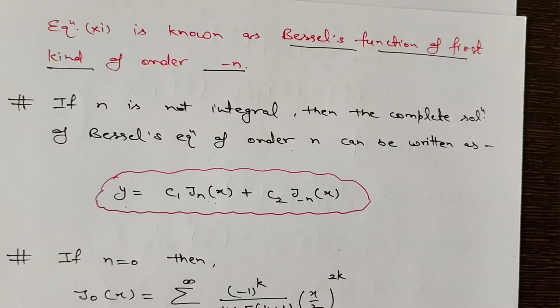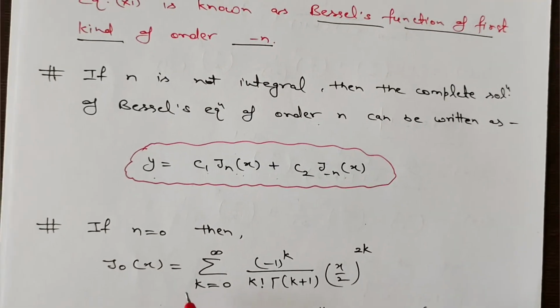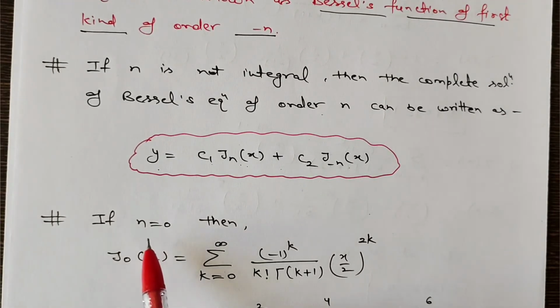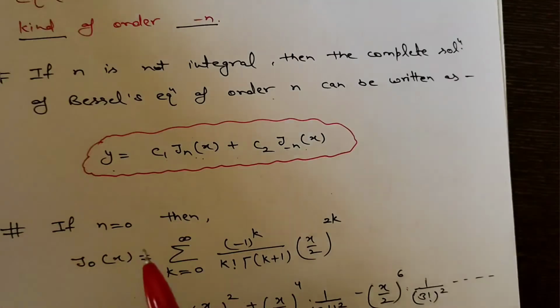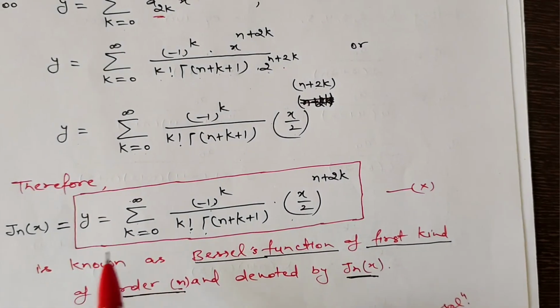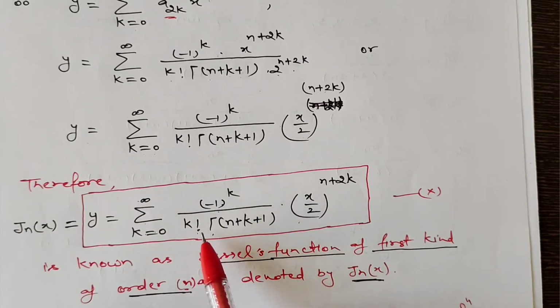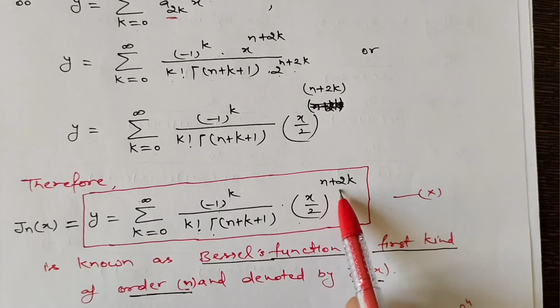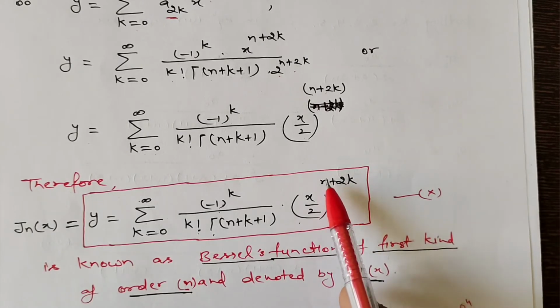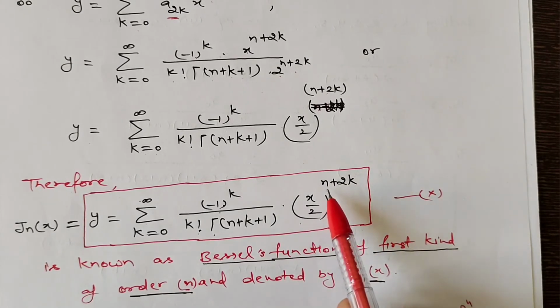Okay. Now we will discuss our first case, that is when n is 0, because we know that J n of x is the summation over k going from 0 to infinity of minus 1 raised to power k over k factorial, gamma of n plus k plus 1, into x by 2 raised to power n plus 2k. The condition on this small n is that n can be either an integer or a half integer.